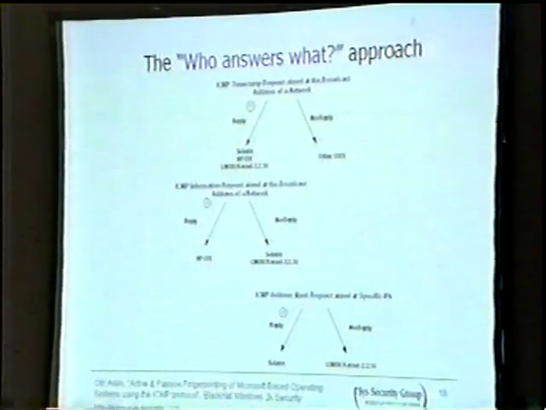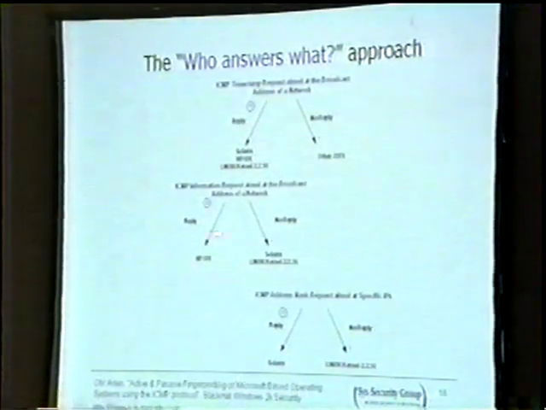Here we can see a three-step diagram which describes this approach, one of the possibilities. First, we issue an ICMP timestamp request to the broadcast address we are targeting. Solaris, HP-UX, and Linux will answer our query. We take those IPs and query them with an ICMP information request, again aimed at the broadcast address.